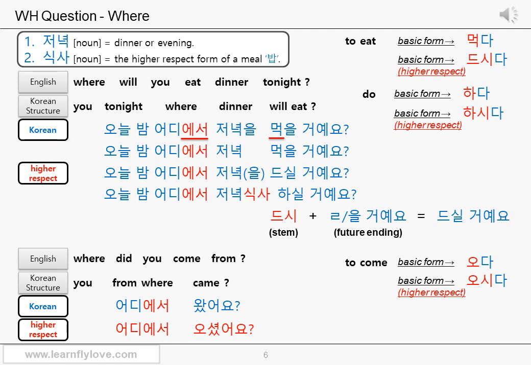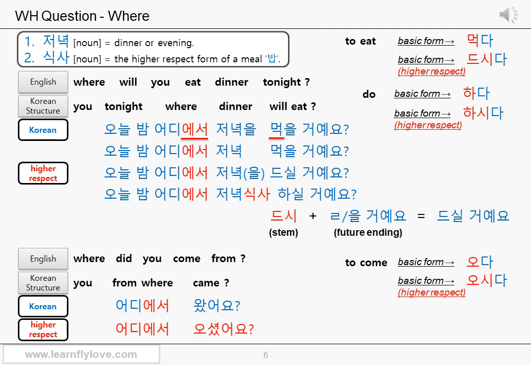By the way, as we learned in Lesson 5 Part 1, you need to use the verb do instead of eat when you use the higher respect form of the meal, 식사. So, we use 하시다 instead of 드시다. So, it's gonna be 오늘 밤 어디에서 저녁 식사 하실 거예요?